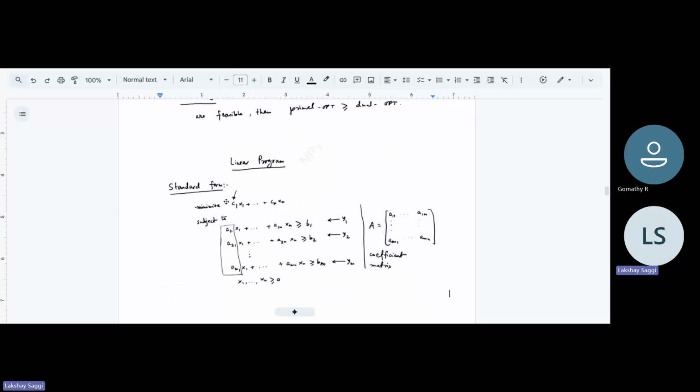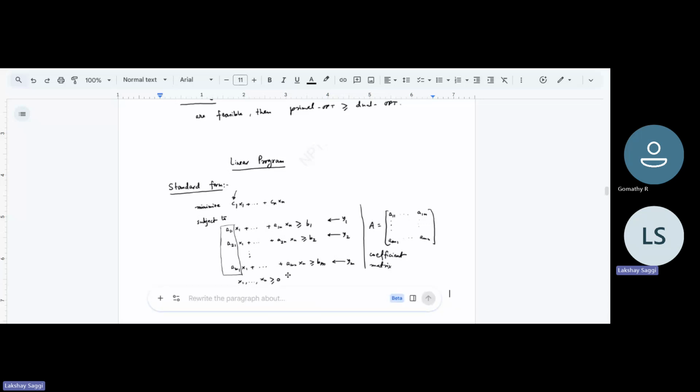If a linear program is of this form, where one has to minimize c1x1 plus c2x2 till cmxm, subject to some, let's say m, constraints, like a11 x1 plus a12 x2 till a1m xm is greater than or equal to p1, and similarly other constraints, and you want to minimize an objective function which is linear in the variables. Another property is that all these variables are greater than or equal to 0.